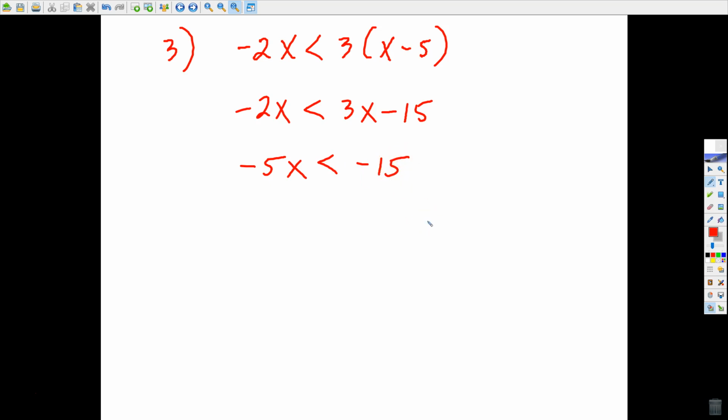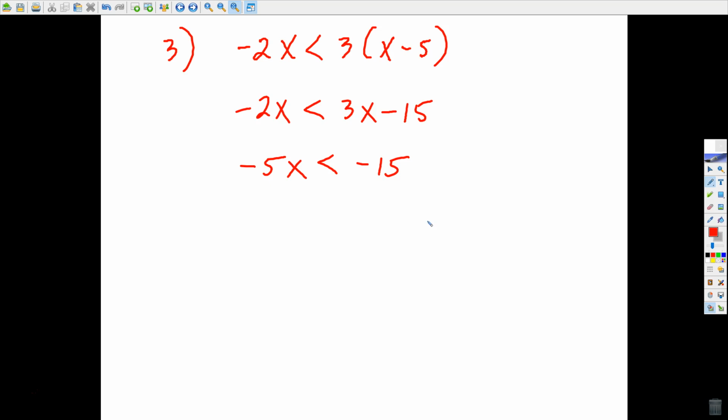Now, the reason why I put this problem up here is because it reminds us when dealing with inequalities, there's a very important rule. And I wonder if you remember what that is. It's going to come into play with this problem. There's a rule involving inequalities that we did not have to worry about with equations.